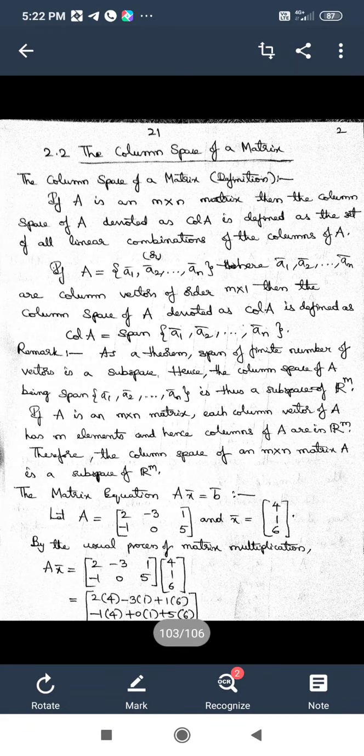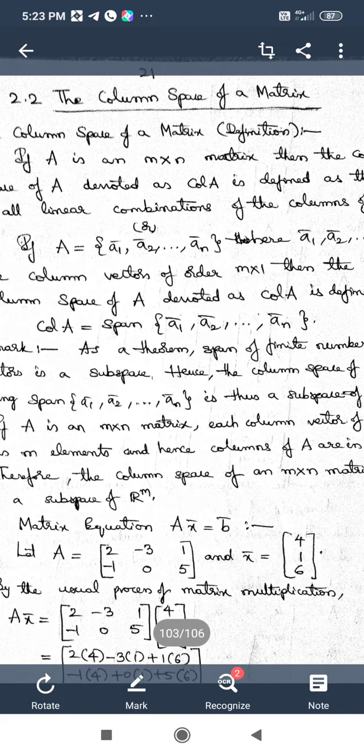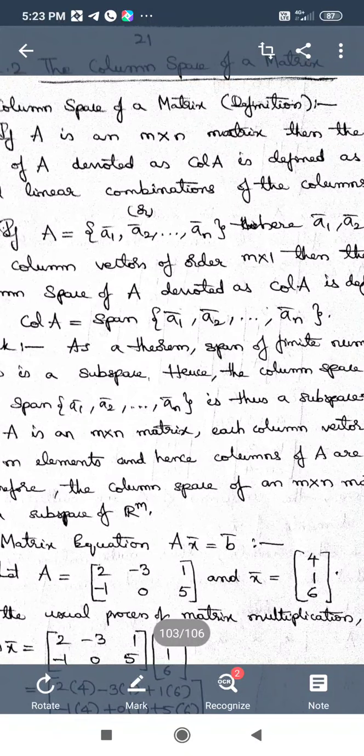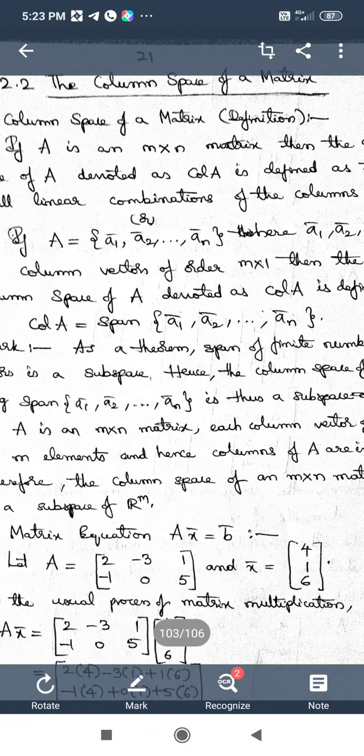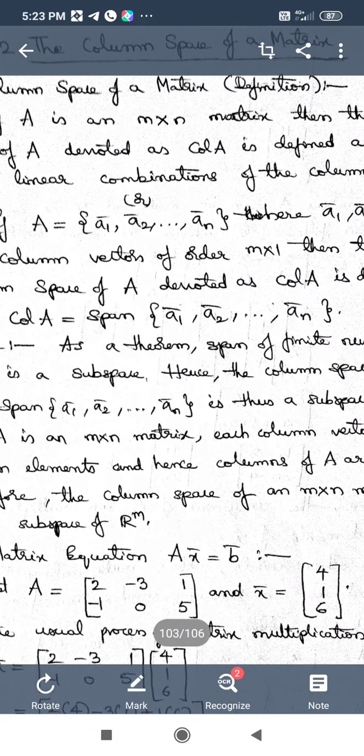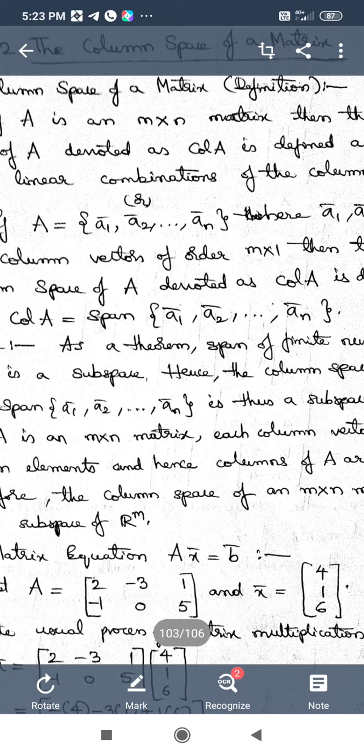So the column space of a matrix is a set, and that set is the linear combination of the columns of a given matrix A of order m by n, and it is denoted as COL A. In set form it can be taken as COL A is equal to span of a1 bar, a2 bar, so on an bar.